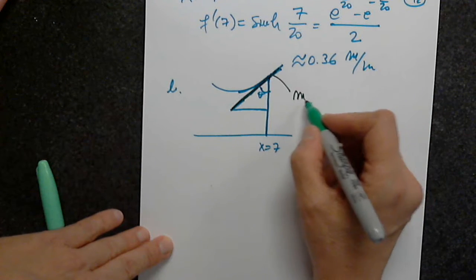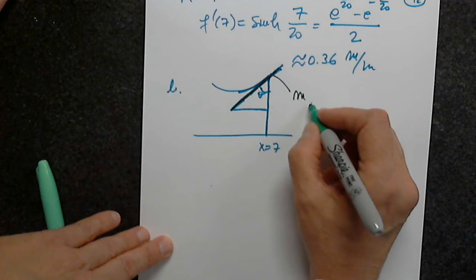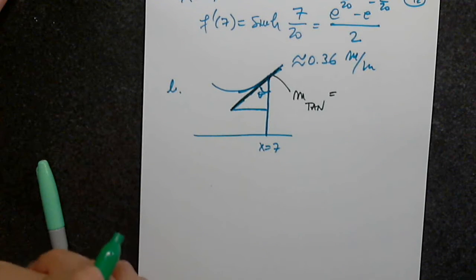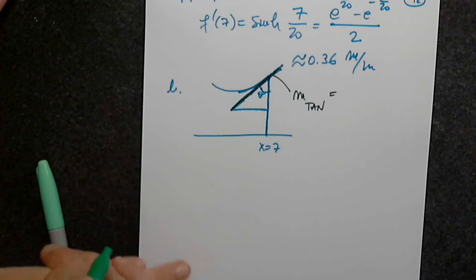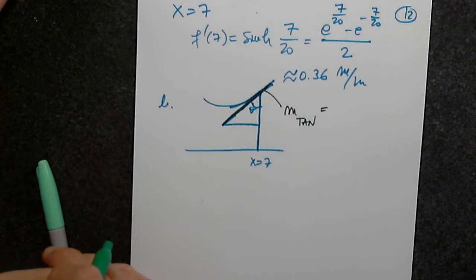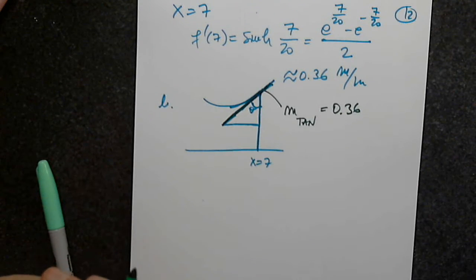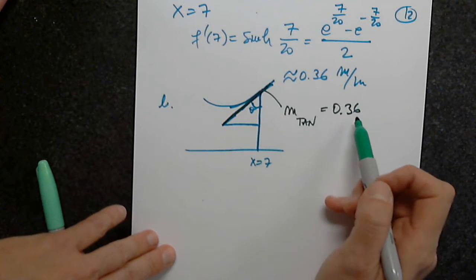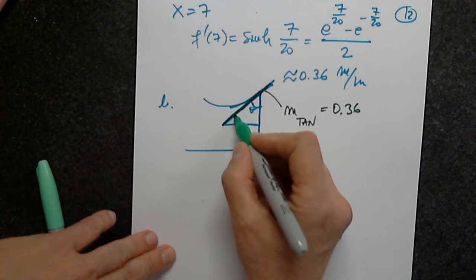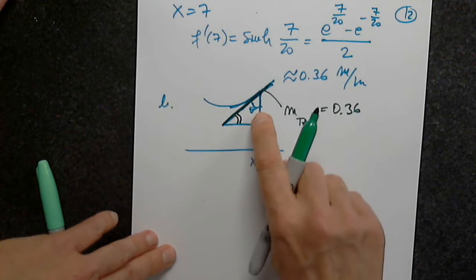I'm going to write m tangent. Do we know it? We just determined it, right? So that is our 0.36. But the slope of this line is basically this angle, not that angle.